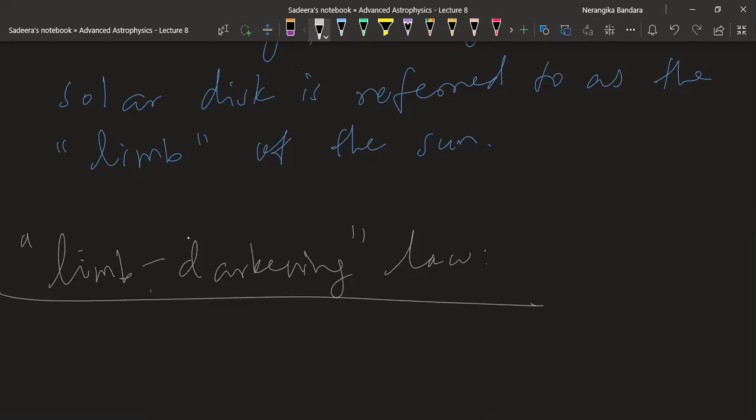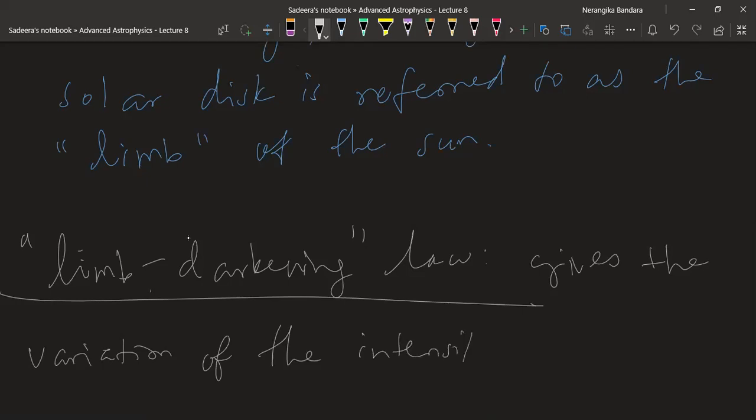It gives the variation of intensity of the solar disk.